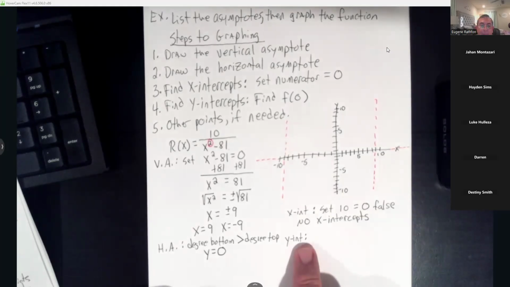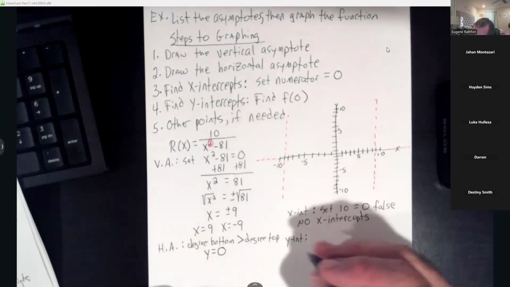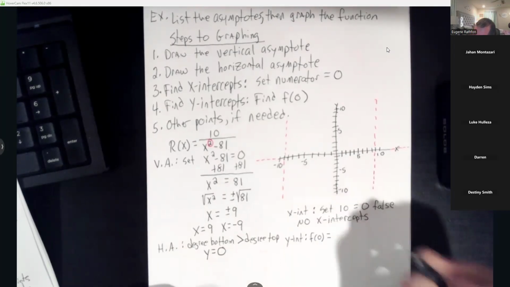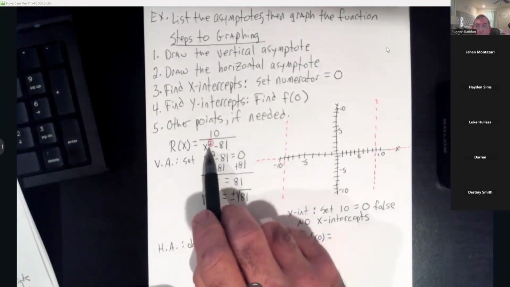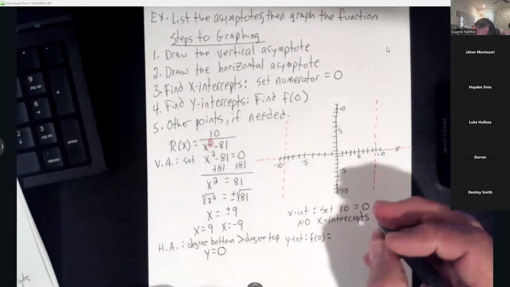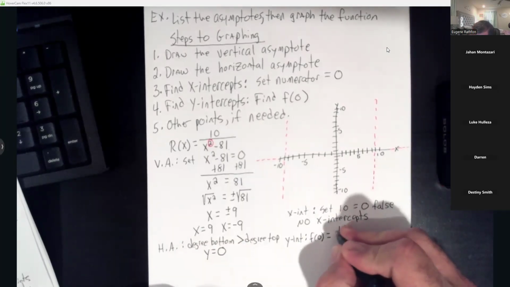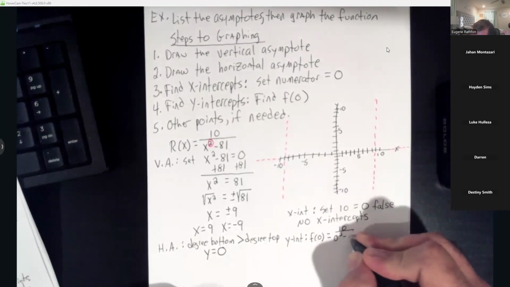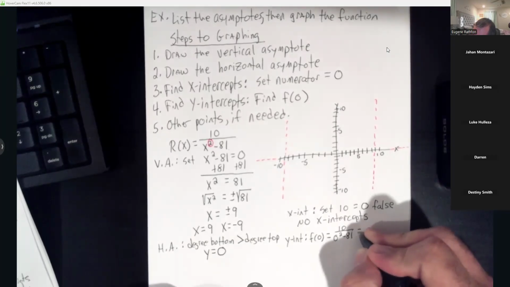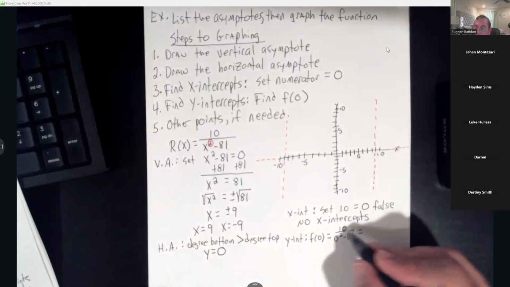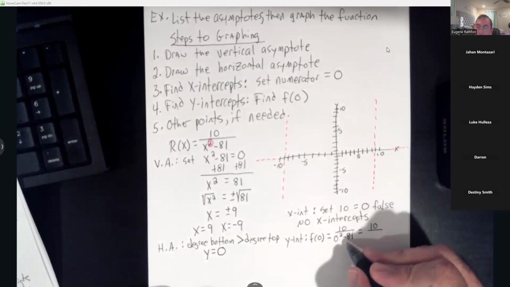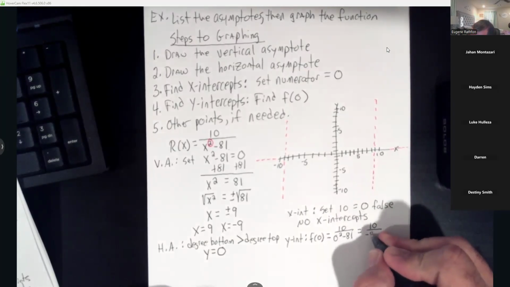But since there's no variable in the numerator, we have no x-intercepts, so this graph does not cross over the x-axis. So y'all, let's see if we got a y-intercept. The y-intercept, I said find f of 0. I would put a 0 in for that x. So I got 10 over 0 squared minus 81. Y'all, that's just going to give me a 10 on top over a negative 81 on the bottom.